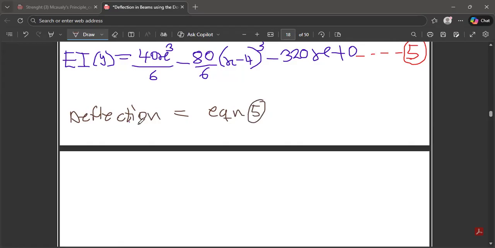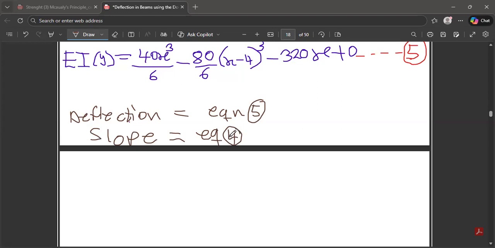And also to calculate for the slope, we have to use the formula of equation 4. So these are the preambles I've given to you.